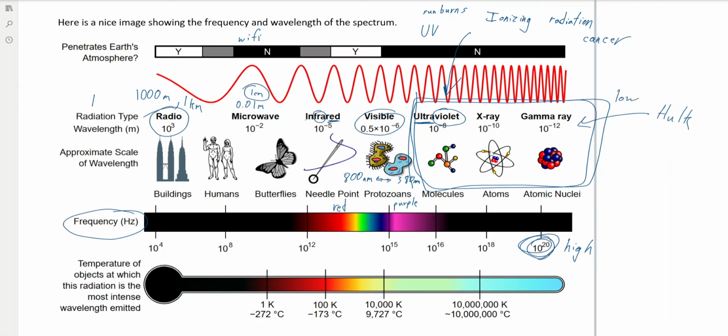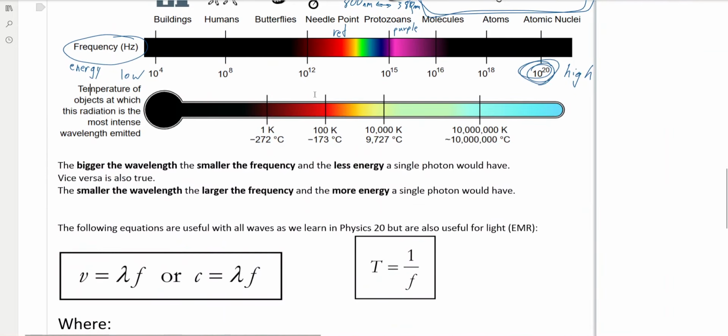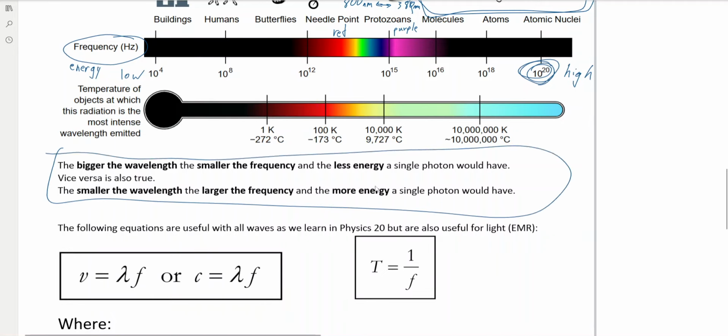Whereas on this side, it's high wavelength and low frequency. And energy follows the same as frequency. So energy also has low energy on the radio side and high energy on the gamma ray side. So yeah, that's basically what I said here as well, just about the energy.